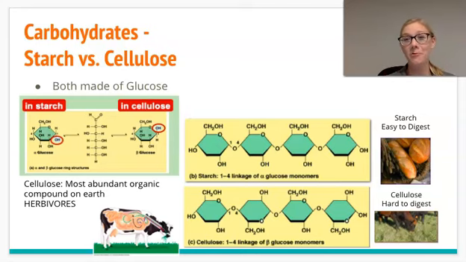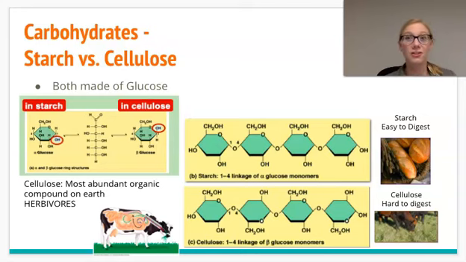When we think about herbivores, they're specially made, if you will, to be able to digest cellulose very well. If you're not an herbivore, it's a lot harder for you to digest cellulose because of this specific linkage.